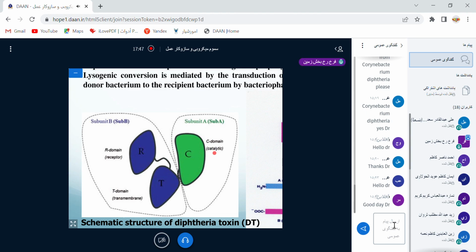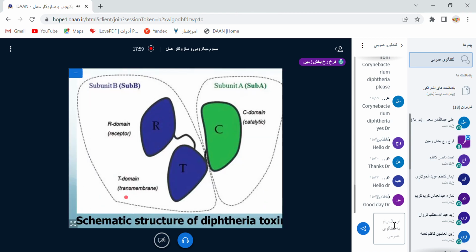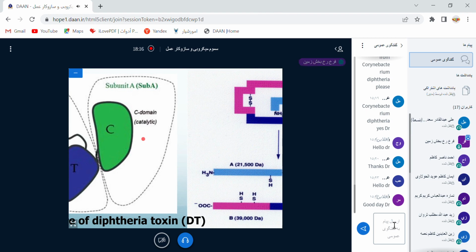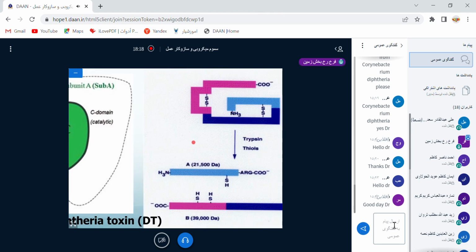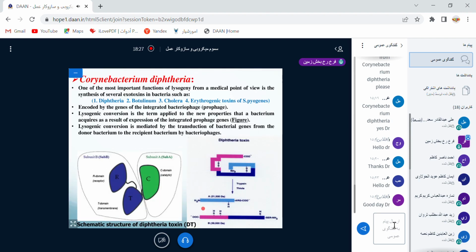The problem of diphtheria is related to this part, and the R domain is the receptor and T is the transmembrane domain. They are working for attachment and helping with transfer of the C domain inside the cytoplasm of human cells. Here you can see this is the bigger subunit, subunit B. Subunit B is composed of two parts.